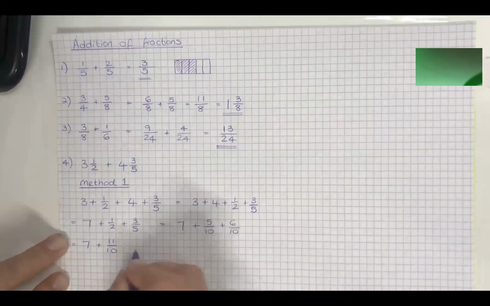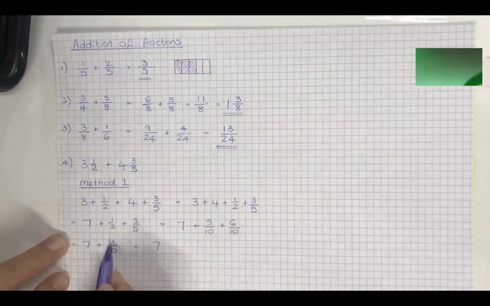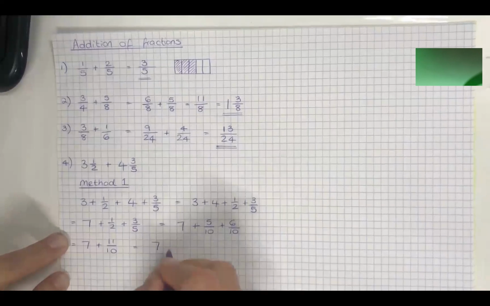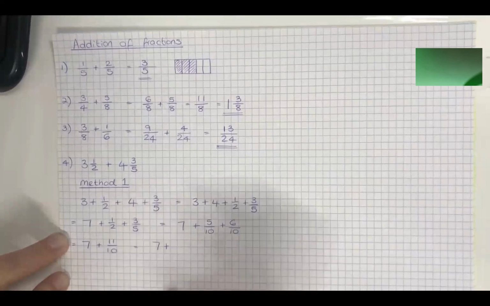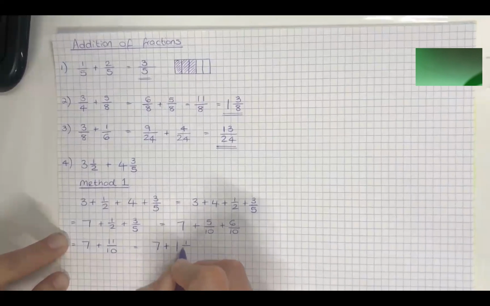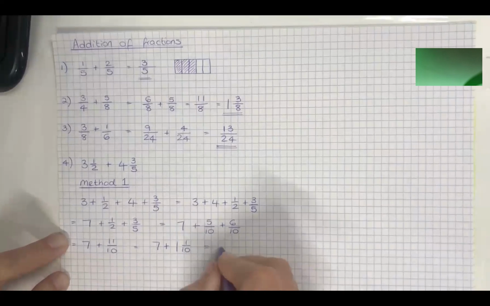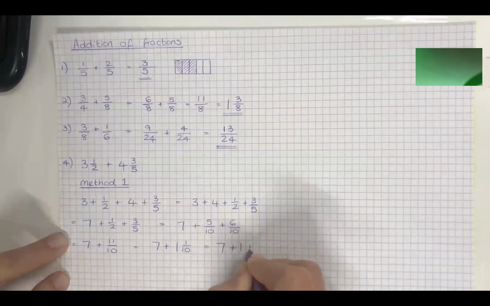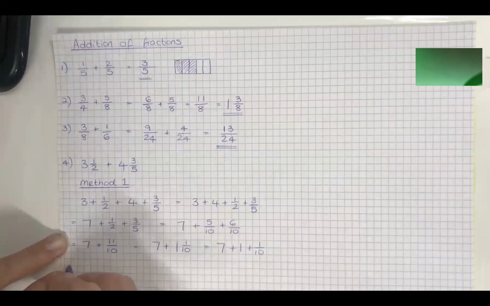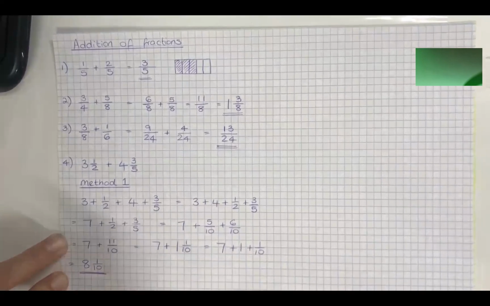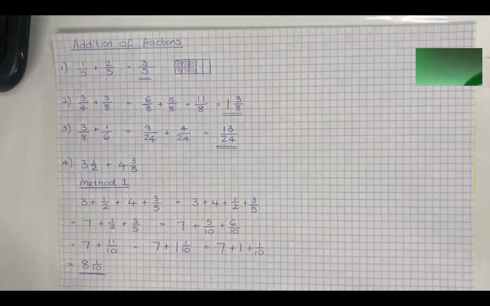Now I know that 10 goes into 11 one time with 1 left over. So that's 11/10, I can write as 1 1/10. I can now add my 7 and my 1, and that's going to give me 8 1/10. Okay, that's method 1 for addition of fractions.